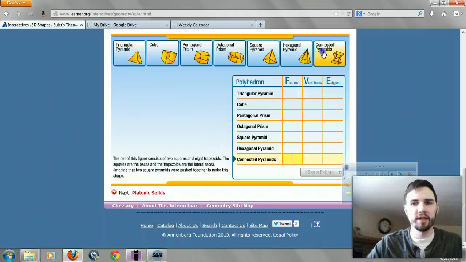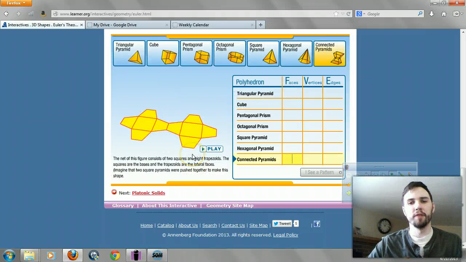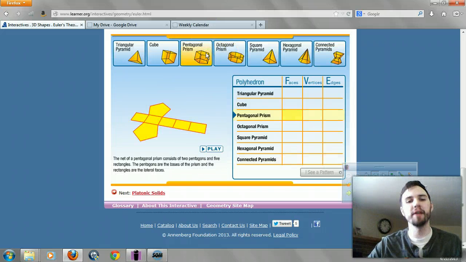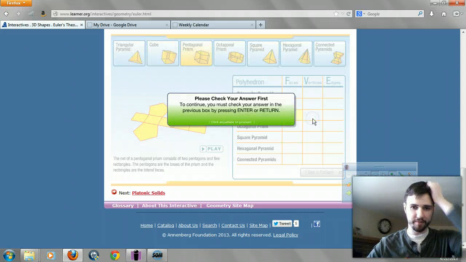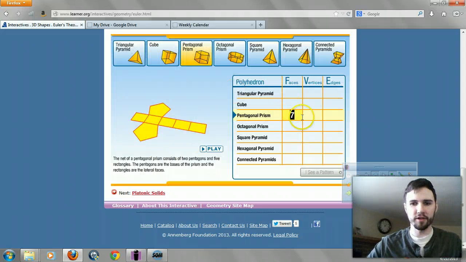So let's take a look at polygonal pyramids. Well, I have 1, 2, 3, 4, 1, 2, 3, 4, 5, 6, 7 faces, right? Why do I have to check my answer?